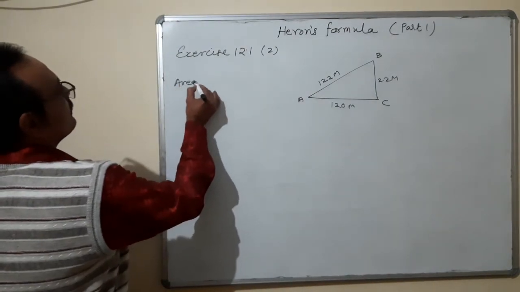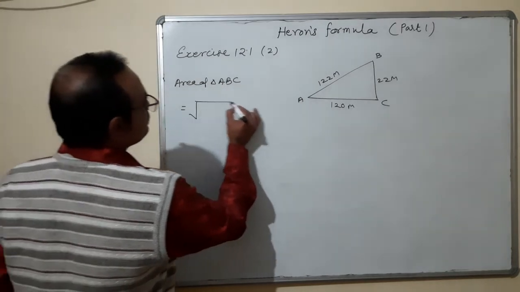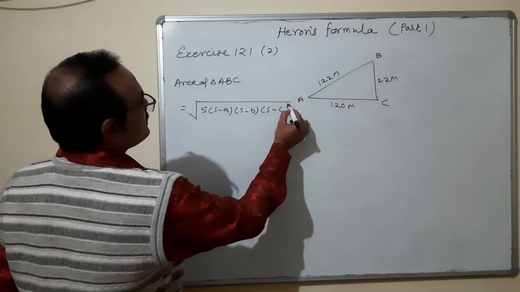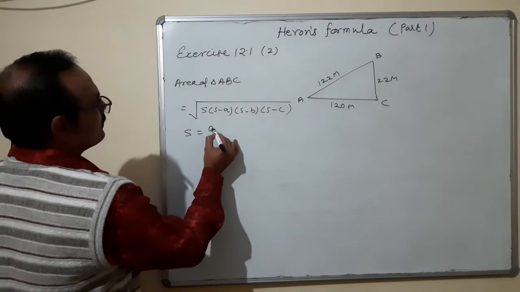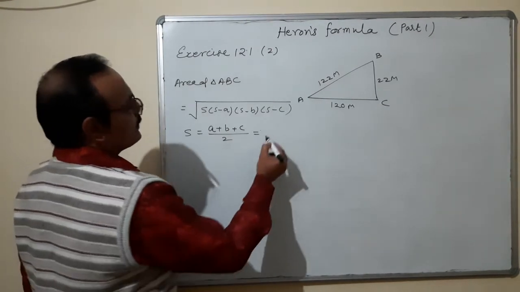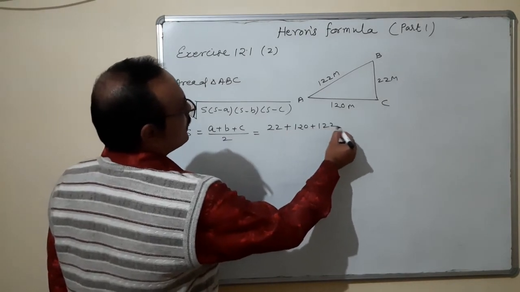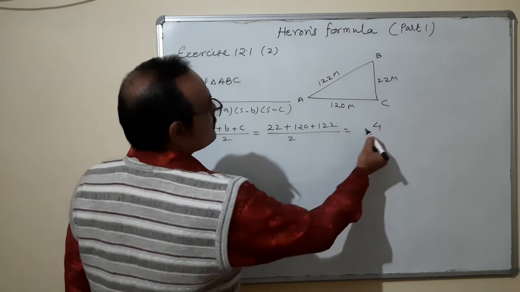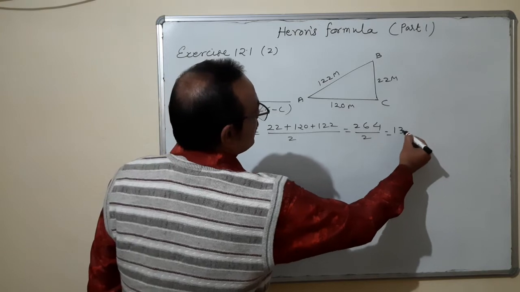Area of triangle ABC is equal to root of S into S minus A, S minus B and S minus C. Okay. Using Heron's formula, S is equal to A plus B plus C by 2. A is 22, B is 120 and C is 122, upon 2. So it is coming 4, 2, 4, 6, 1, 2. 264 upon 2, 132 meter.